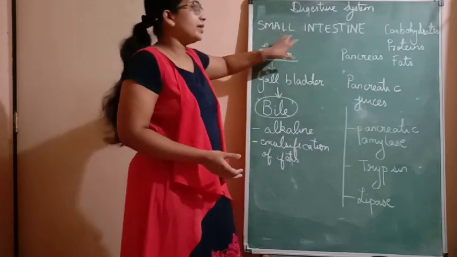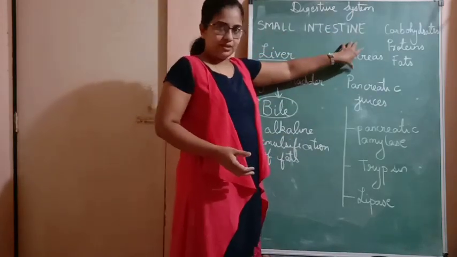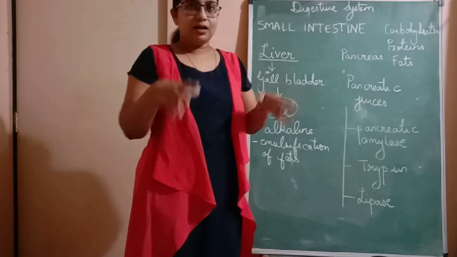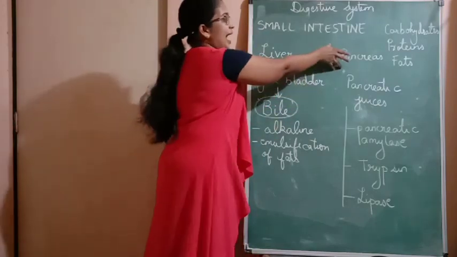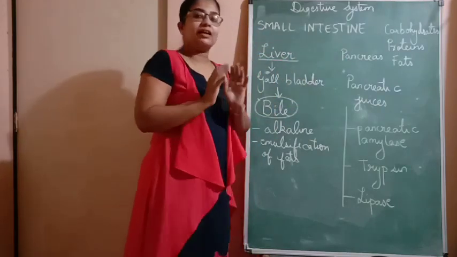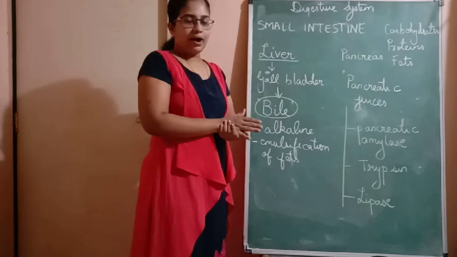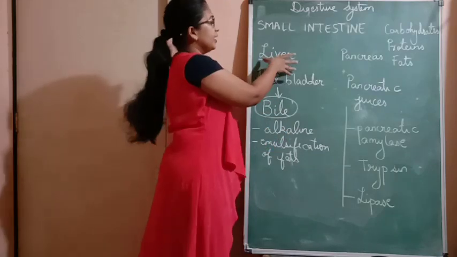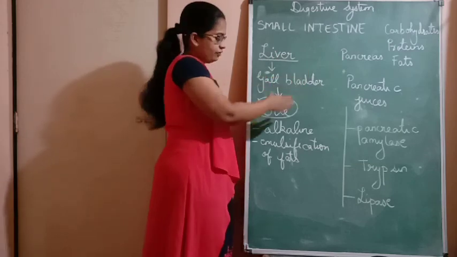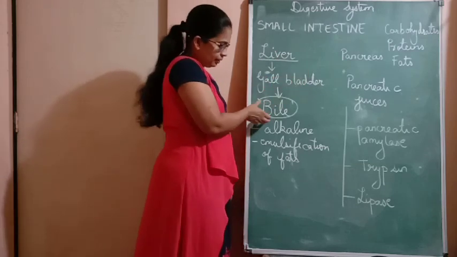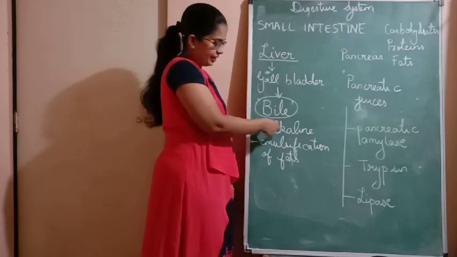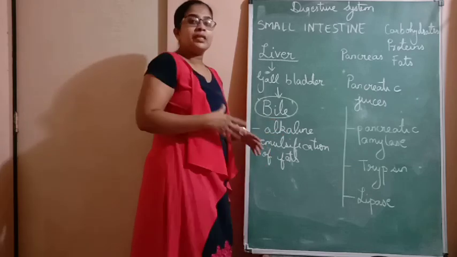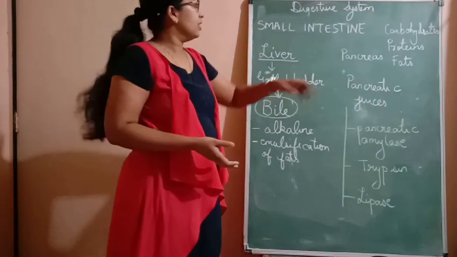The food never enters the liver and the pancreas. They only take part in the reaction. They basically act as glands, that is, they give the chemicals which are required for the entire system to function. So the liver has a gallbladder which releases bile. The bile makes the food alkaline in nature and it helps in emulsification of fats.